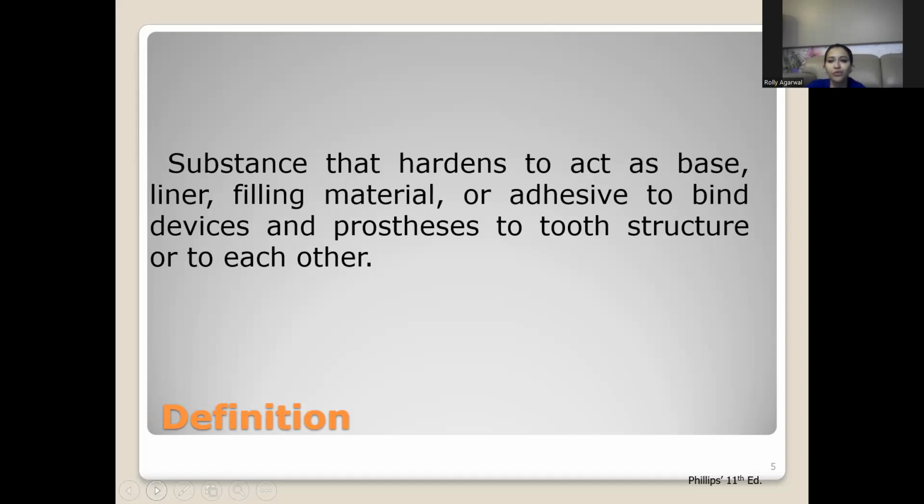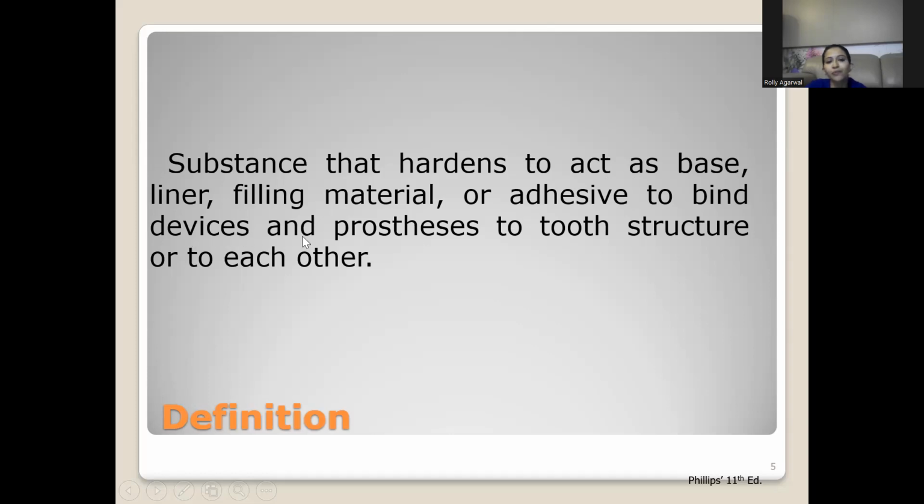In general usage also, what we refer to as cement is a substance which is setting by a chemical reaction to a hard set mass, and then you can use it for different types of applications here as a base, that is underneath a restorative material, as a pulp protecting agent, as a liner, as a restorative material in itself, or as an adhesive, that means to lute, to bind things together.